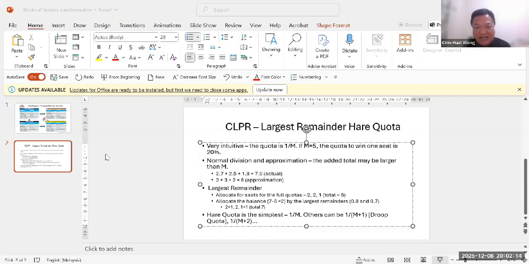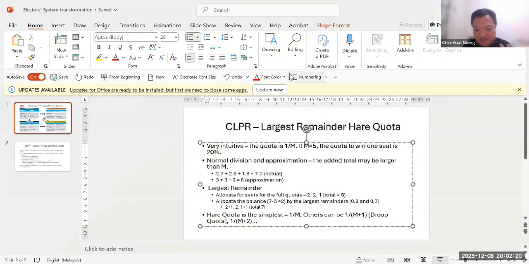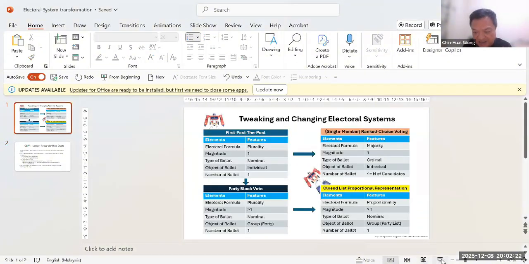Now, does anyone have any questions on party block vote? This is important because I want you to get it here before we move on to others. Anyone? Any questions? As I cannot see you from my computer, I appreciate you speaking up, because when I'm showing slides I cannot see your response.